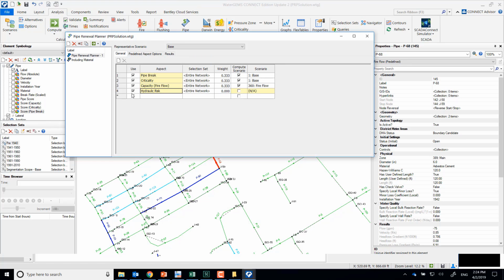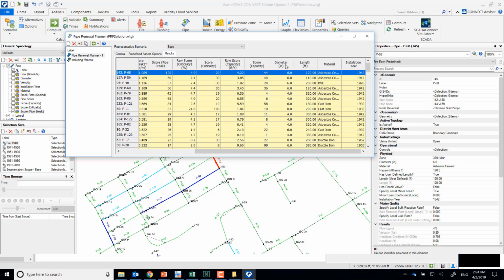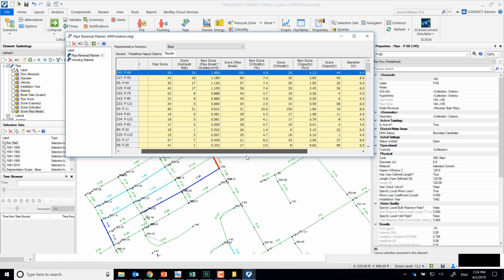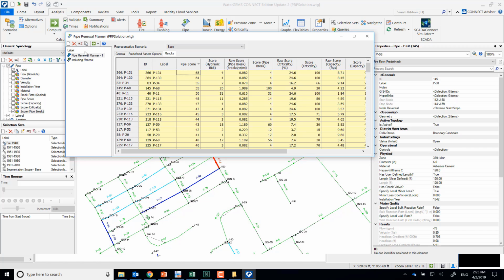Okay, but we're not going to take that into account. And so if we go back to the results, we can see that we get a final score, which is this one, which is our pipe score. And I'm going to sort this descending. And this one does not include material, but we can see that the highest scoring pipes are P131 and P130.